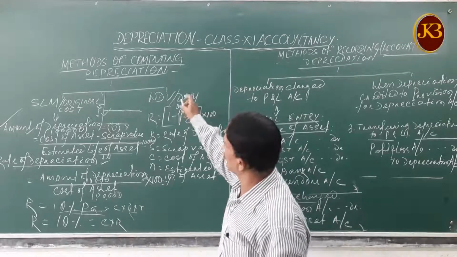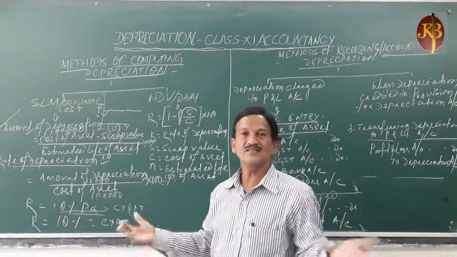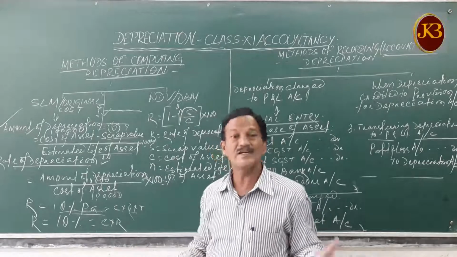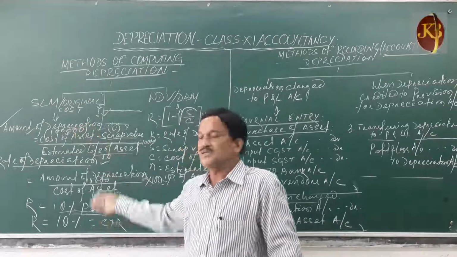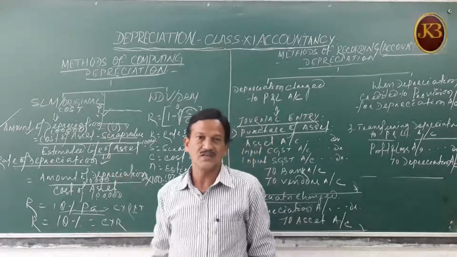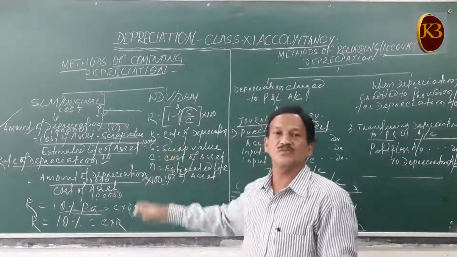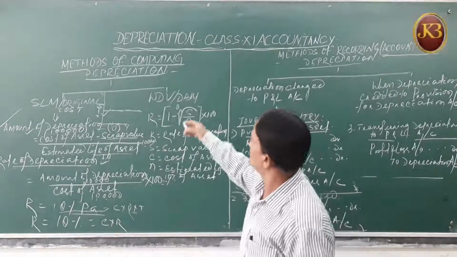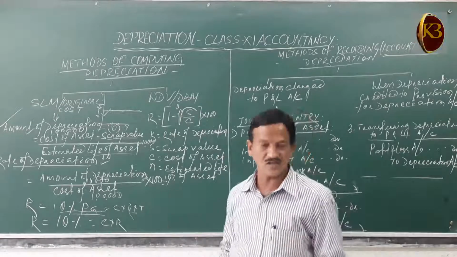That means every year the amount of depreciation is calculated separately, a different amount. But under the straight line method, the amount of depreciation remains the same, that is 10,000 every year for the 10 years. But under the written down value method, since the amount of depreciation varies, it is called the diminishing balance method, or the reducing balance method, or the reducing installment method.